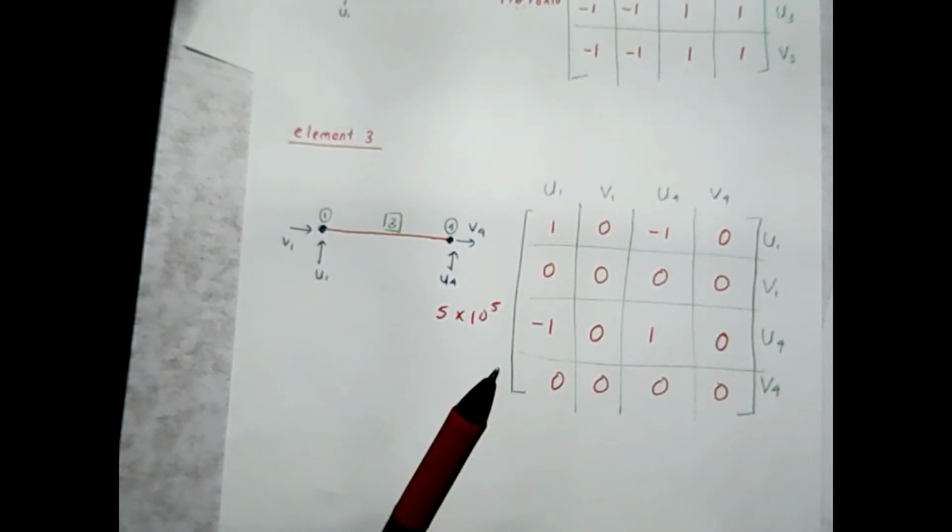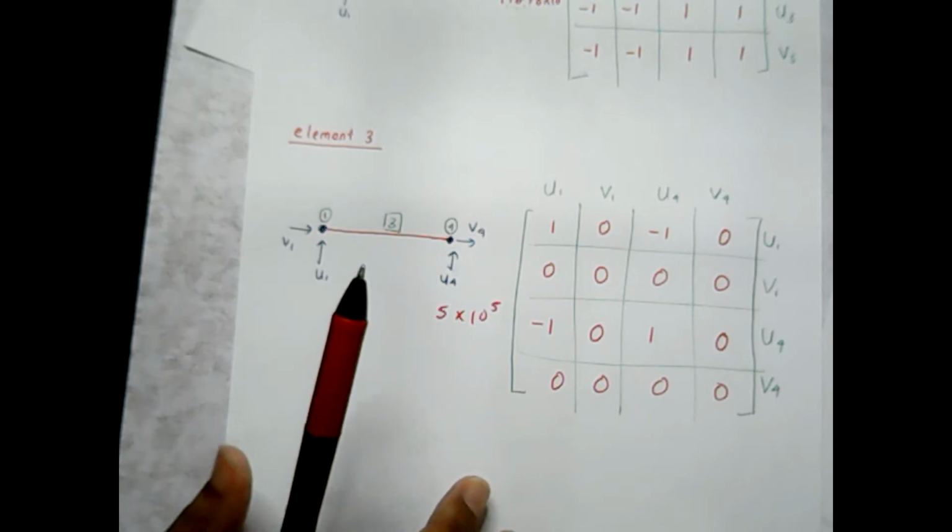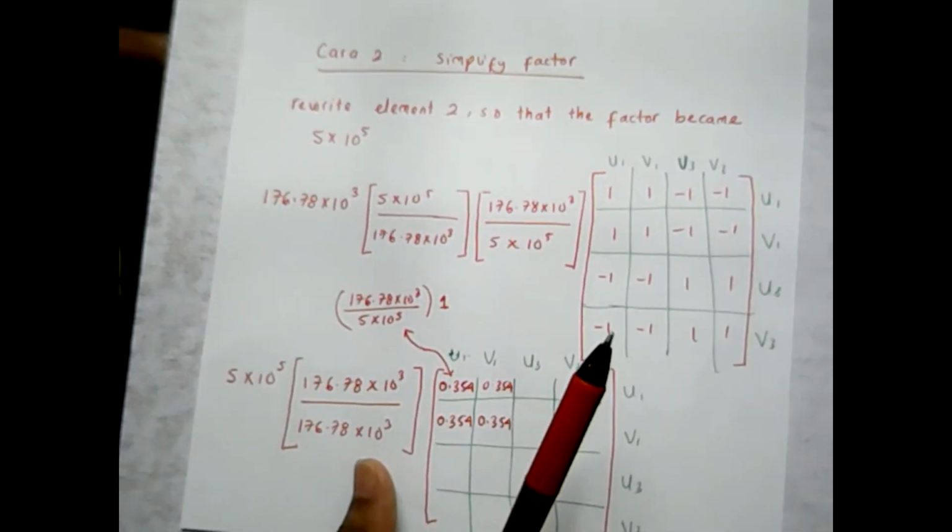So how to make it factorized and simplified so that it gives the same factor? You can look here for the simplification factor.